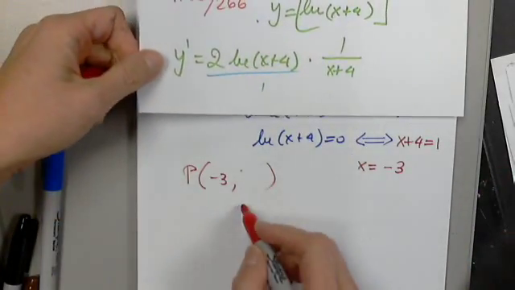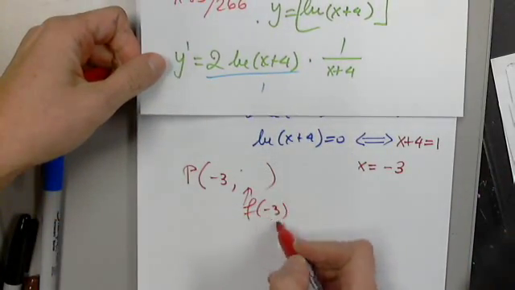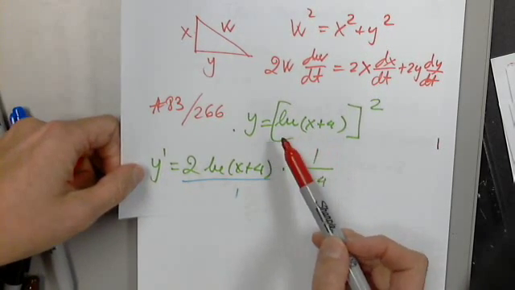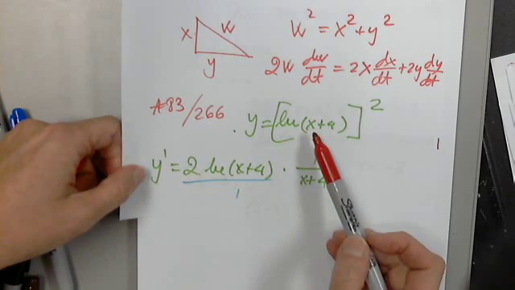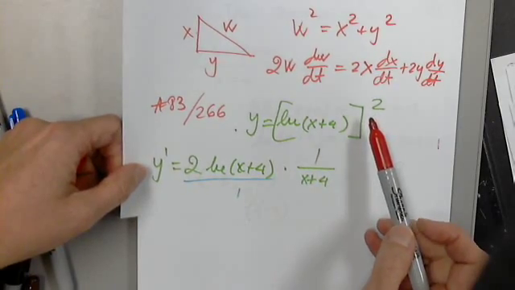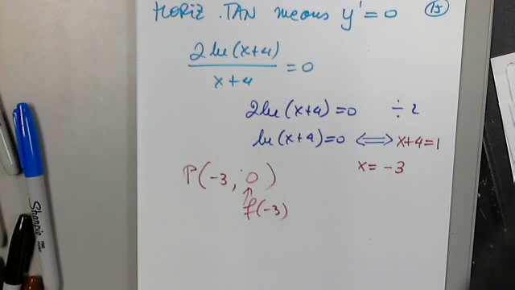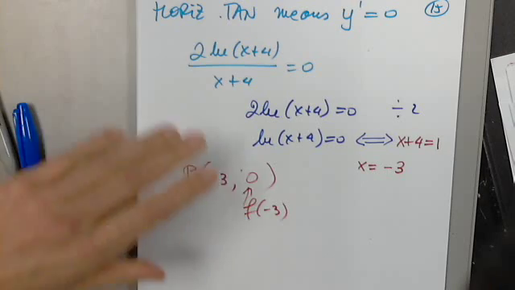So this must be the function evaluated at -3. -3 plus 4 is 1. Natural log of 1 is 0. 0 squared is 0. So the given function has a horizontal tangent when x is -3 and y is 0, at the point P (-3, 0).